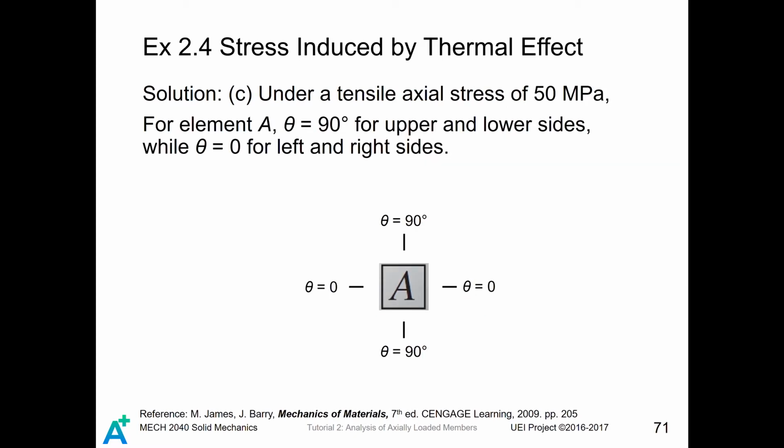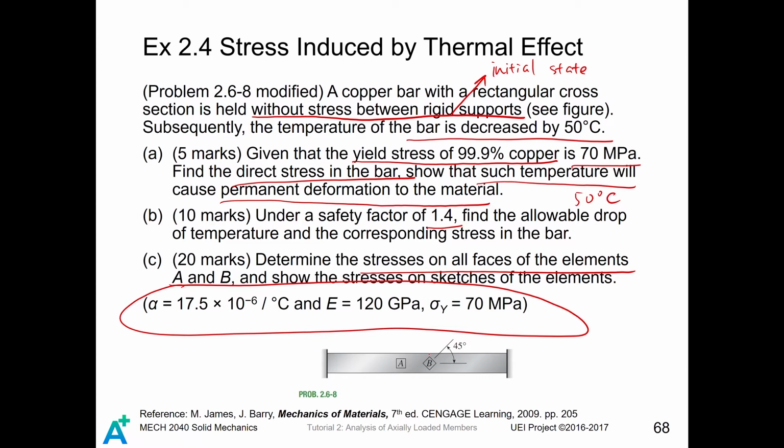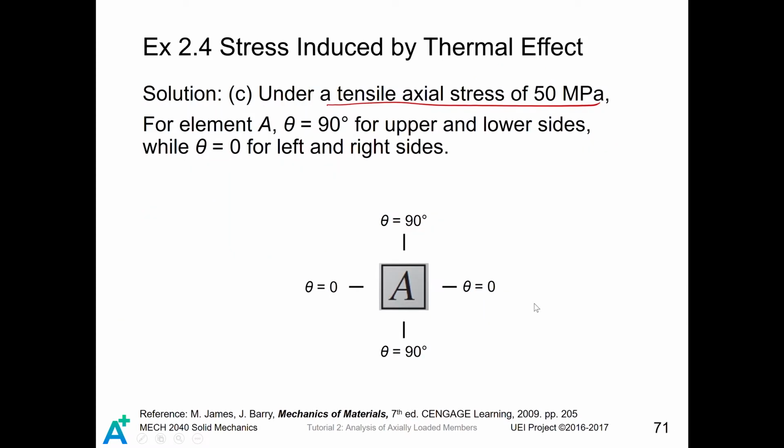Now we are going to sketch the stresses of some stress elements inside this bar. Under a tensile axial stress of 50 megapascals, for element A, as we can see in the problem, element A is not inclined, it is a very normal element, which is standing very well here. We identify the angle theta for each surface.